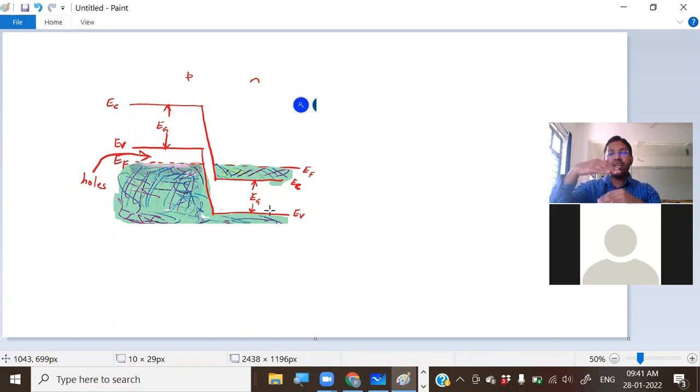The only thing you have to remember here is the shifts in the energy levels. So first, this is the no bias condition. I hope you have understood.